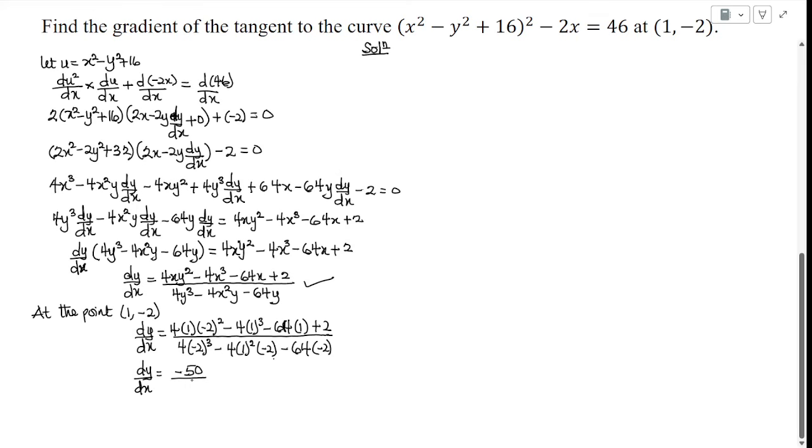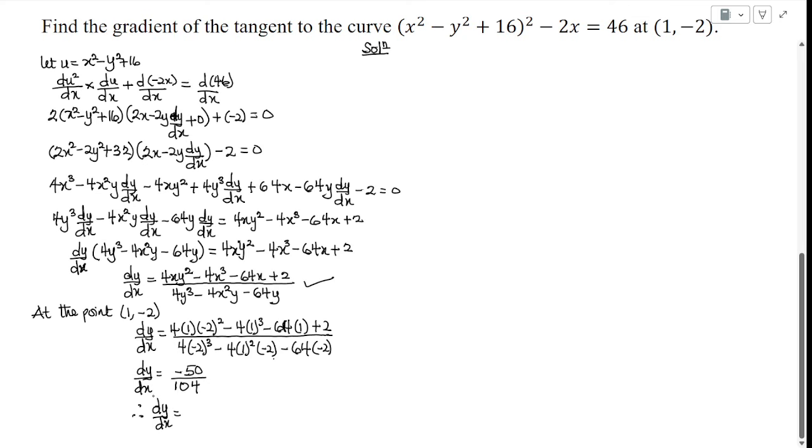Then our denominator, we have 4 multiplying −2 with an exponent of 3. Then we have 4 multiplying 1 with an exponent of 2, also multiplying −2 again. Then we also have 64 multiplying −2. All right, so this gives us 104.